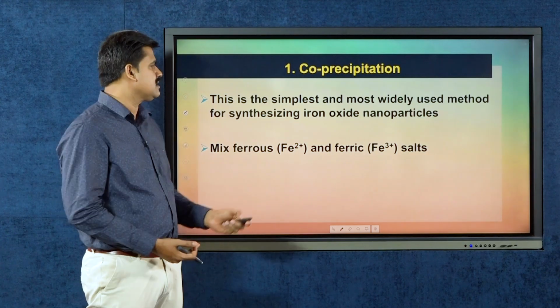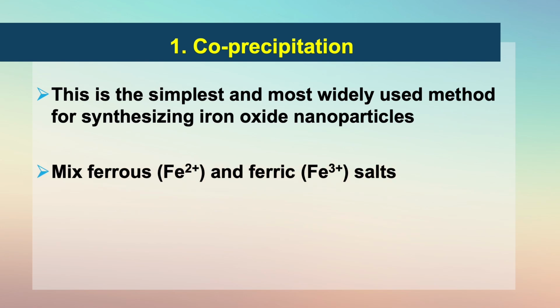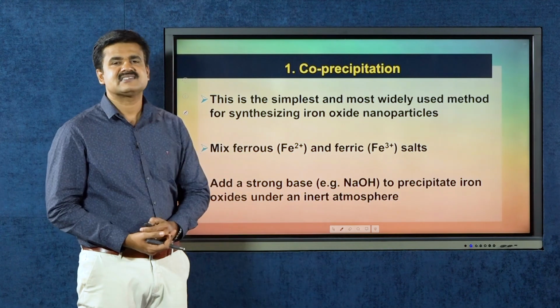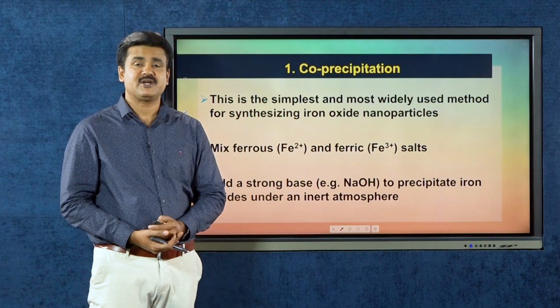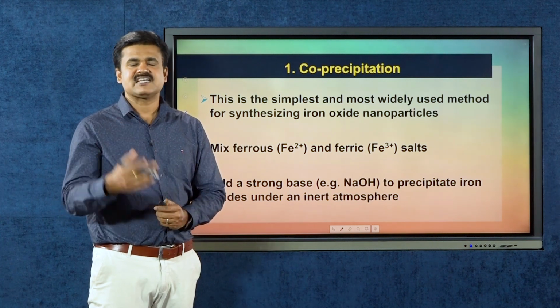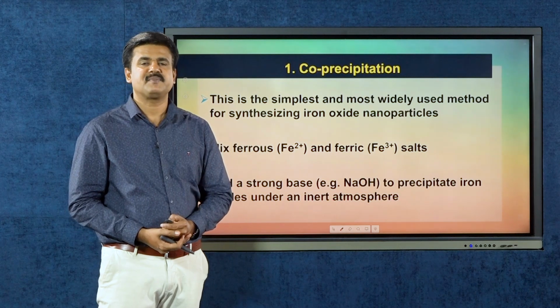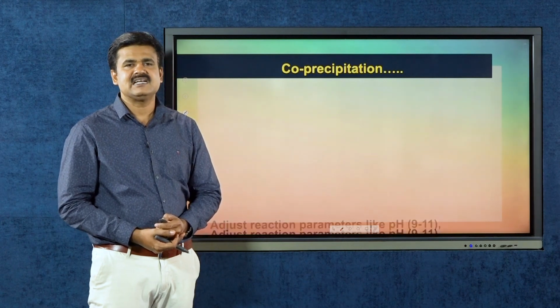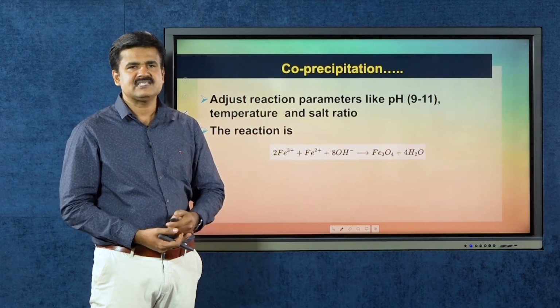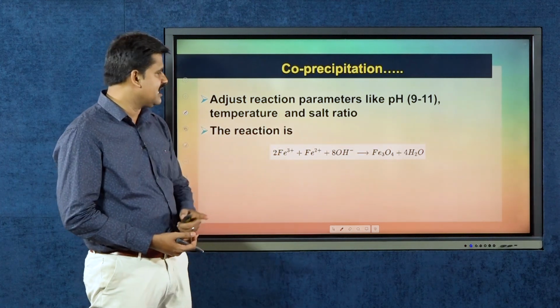Here we are mixing ferrous ion and ferric ion salts together and adding a strong base like NaOH. They will provide hydroxide ions. As a result of the addition of NaOH, ferrous hydroxide and ferric hydroxide will precipitate together, and as a result, we will get iron oxide nanoparticles, which happens through this reaction.